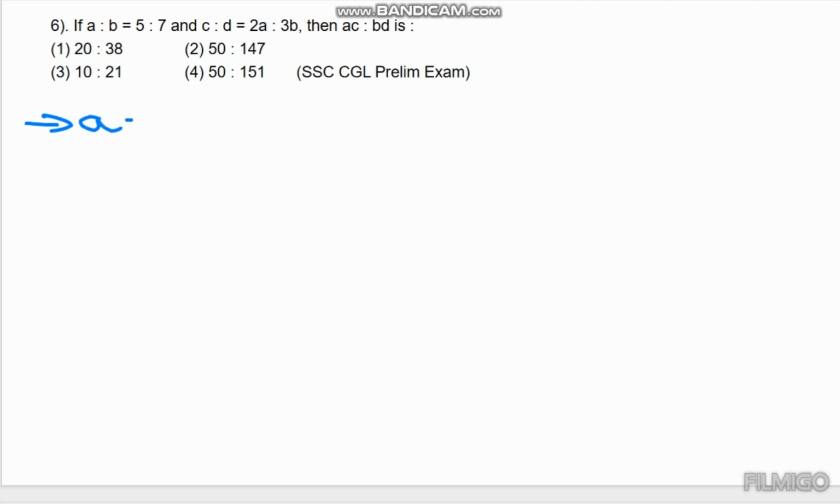So given A equal to 5, B equal to 7, C equal to 2A, D equal to 3B.